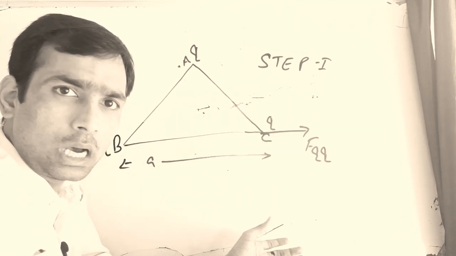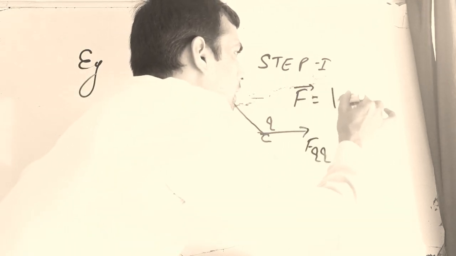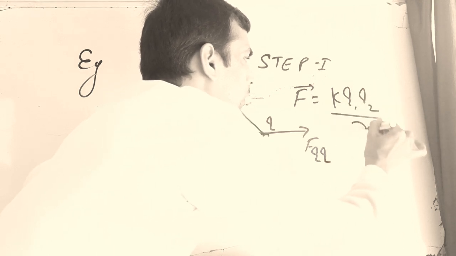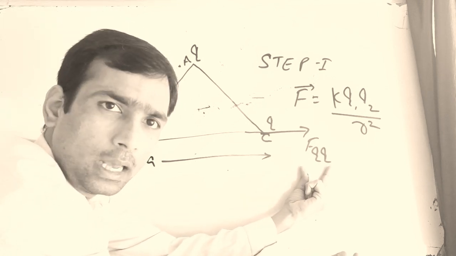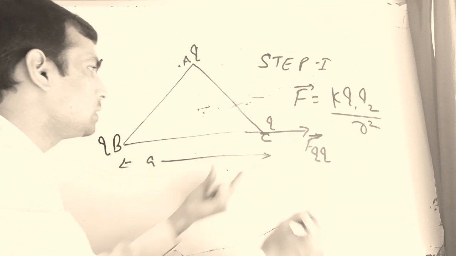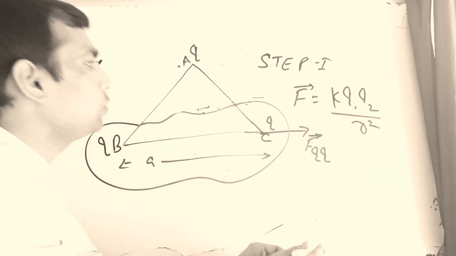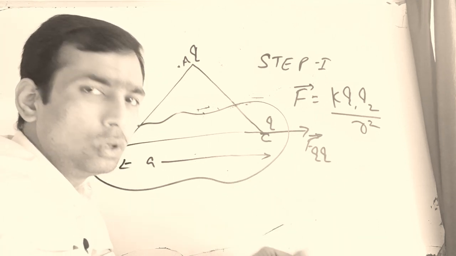Yesterday we have learned it. So F is equal to K Q1 Q2 upon R square. Okay, so I'm going to apply the formula over here because you want to find the magnitude of force due to this pair. Magnitude of force due to this charge.